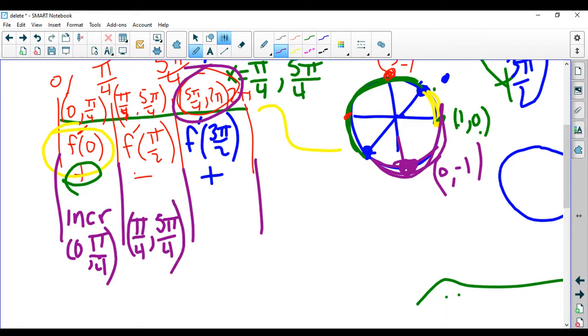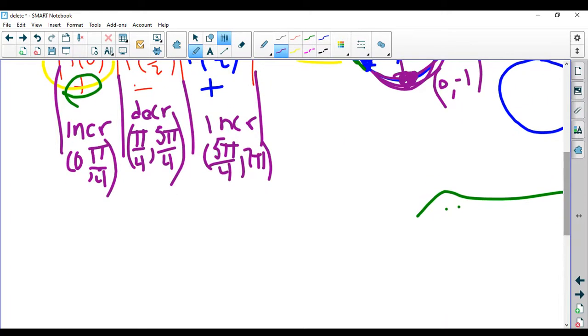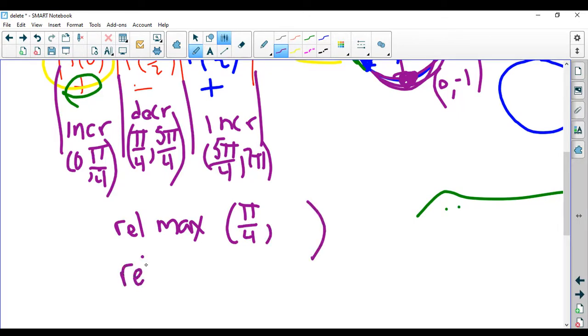And we are then increasing again on the interval 5 pi over 4 to 2 pi, which means we have a relative max at the point pi over 4 comma whatever, and a relative min at the point 5 pi over 4 comma whatever.